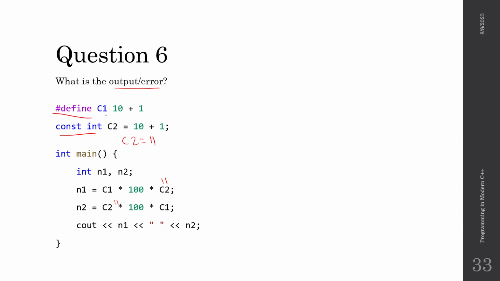Now c1 will be just replaced with 10 plus 1. So n1 will become this, because c1 is a macro, it is not a constant or a variable, it is just a macro. So n1 will become 10 plus 1 into 100 into 11, and n2 will become 11 into 100 into 10 plus 1.